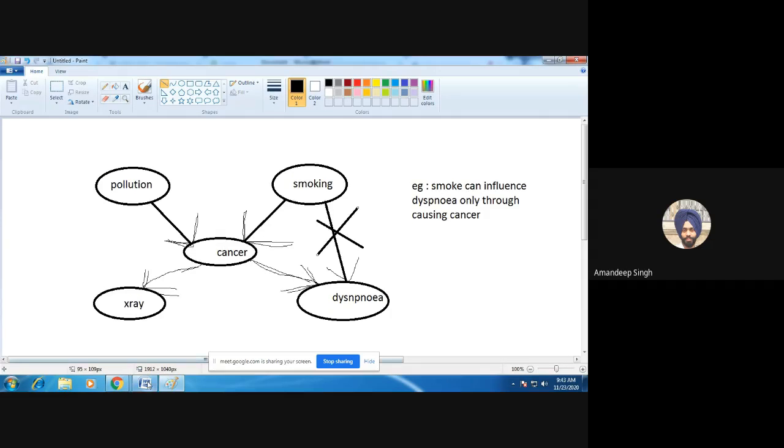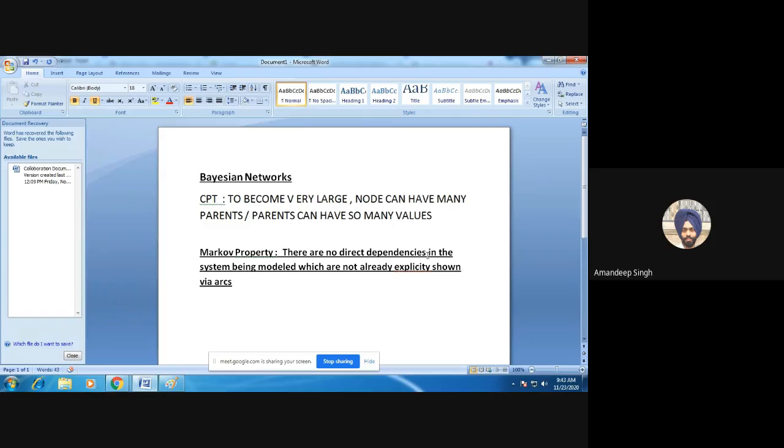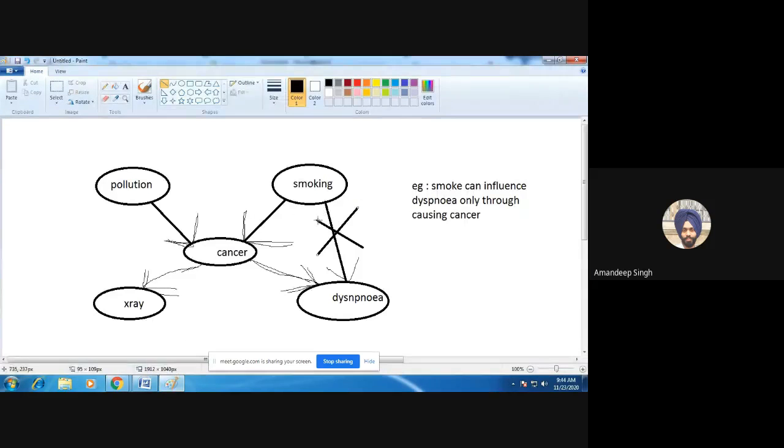That is, there are no direct dependencies in the system being modeled which are not already explicitly shown via arcs. In the diagram you can see, there is no direct dependency between smoking and dyspnea. There is a dependency between smoking and cancer, then there is an arc between cancer and this disease.